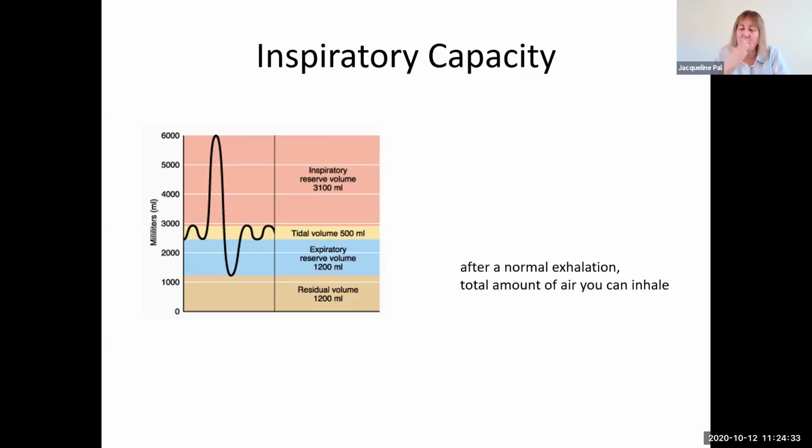And for this one, after a normal exhalation, so when you're starting down here at the bottom, the total amount of air you can inhale is called the inspiratory capacity. So that includes the tidal volume of inhalation as well as the inspiratory reserve volume. And as you can see, this is going to be about 3.5 liters.